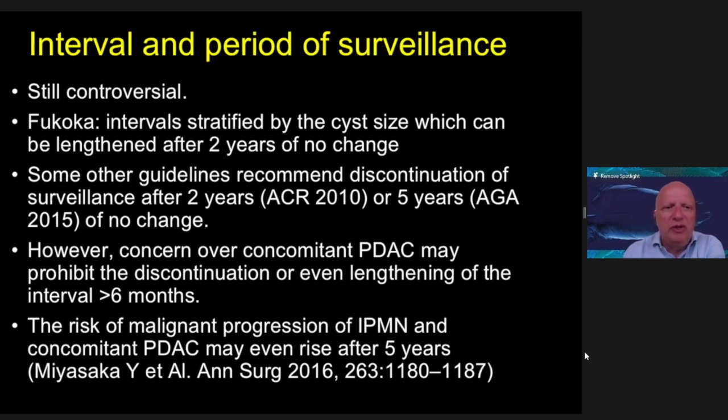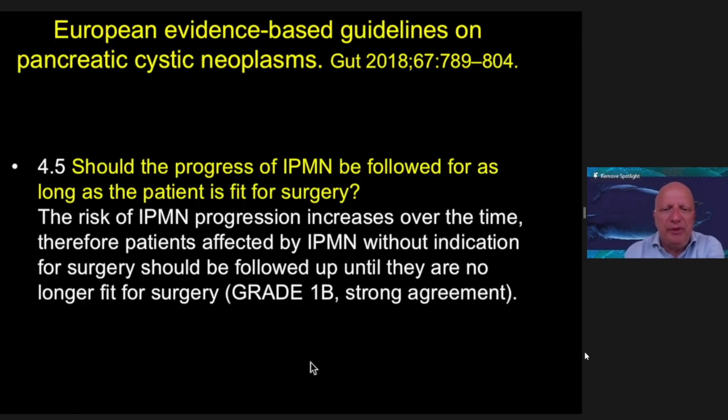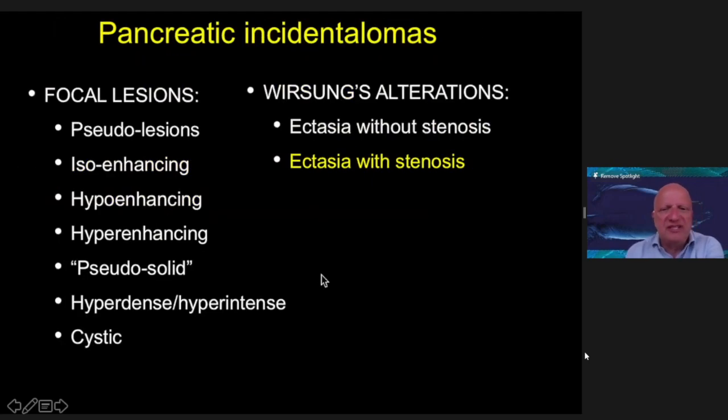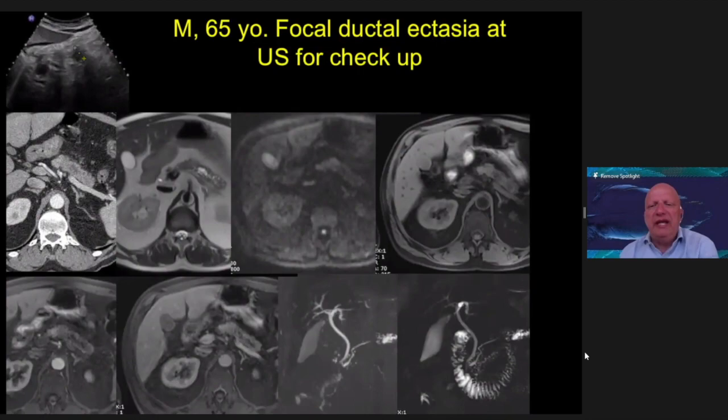The period of follow-up is still controversial. However, all the guidelines agree that this lesion must be followed up because the risk of degeneration increases with age. So this lesion must be followed up until the patient is fit for surgery. Finally, the ectasia of the duct with stenosis.